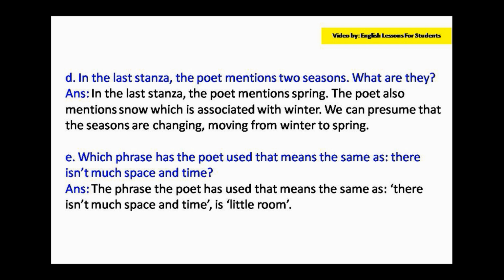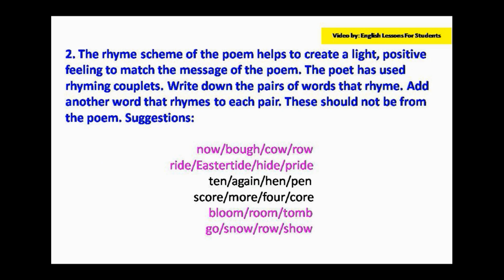E. Which phrase has the poet used that means the same as there isn't much space and time? Answer. The phrase the poet has used that means the same as there isn't much space and time is little room. 2. The poet has used rhyming couplets. Write down the pairs of words that rhyme.